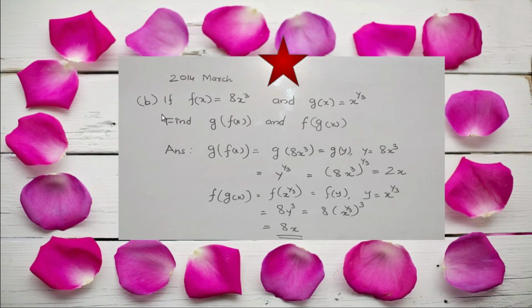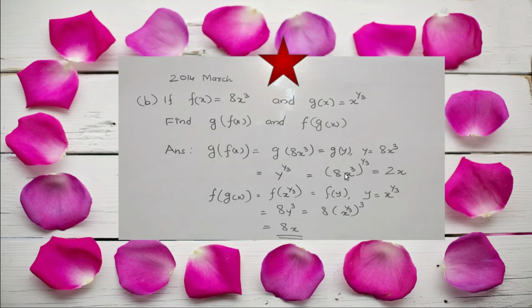2014 March B. If f of x equal to 8x cube and g of x equal to x raised to 1 by 3, find g of f of x and f of g of x. g of f of x is g of f of x, 8x cube. Now take 8x cube as y, g of y, where y equal to 8x cube. g of x is x raised to 1 by 3, so g of y is y raised to 1 by 3.